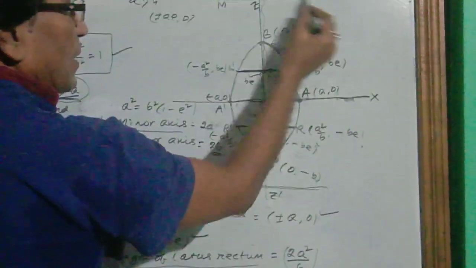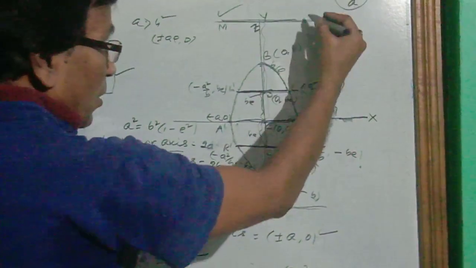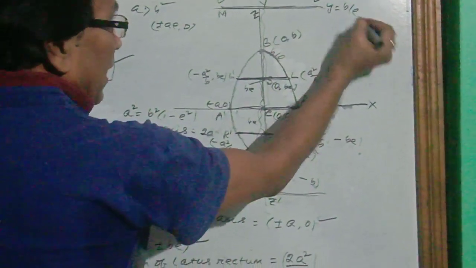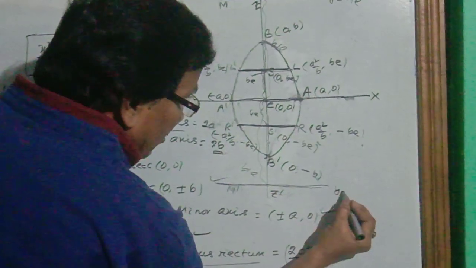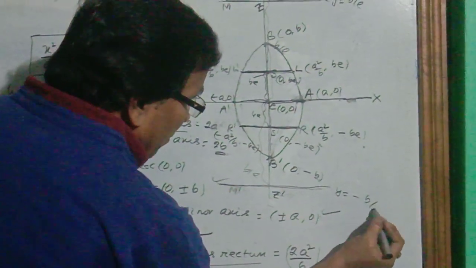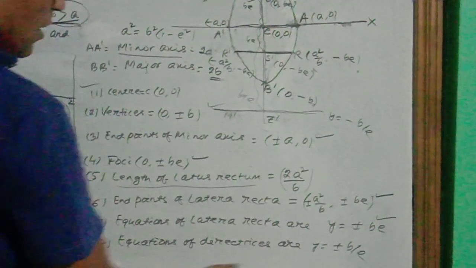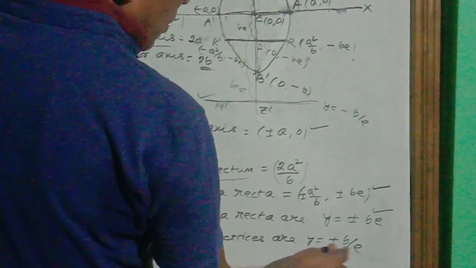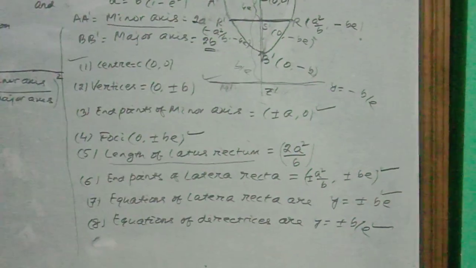So what will be the equation of this line? y is equal to plus b by e, and the other is y is equal to minus b by e. So the equations of the directrices are y is equal to plus minus b by e.